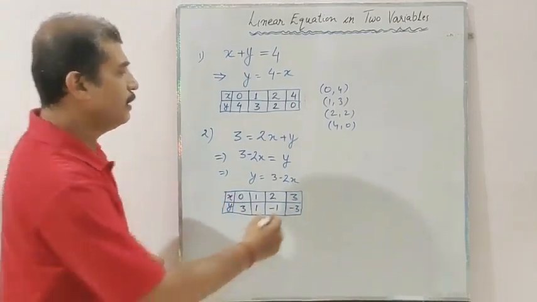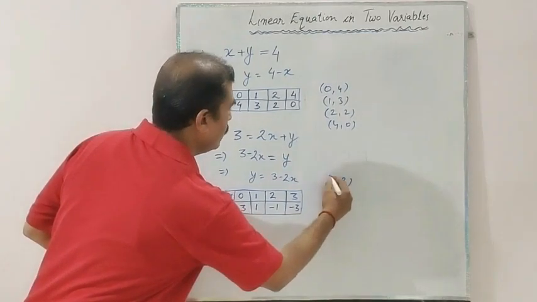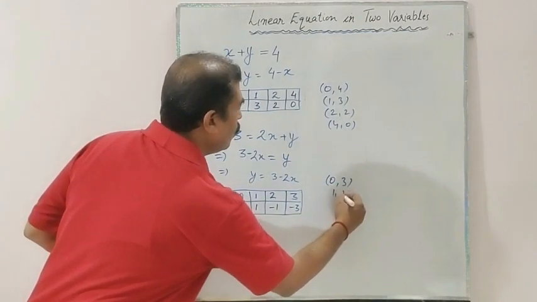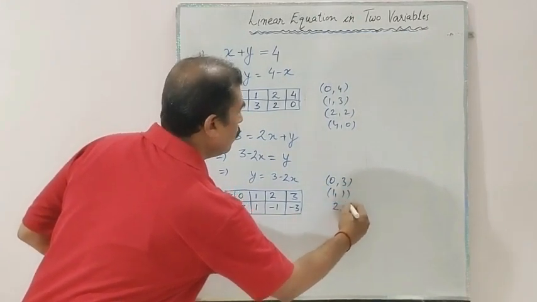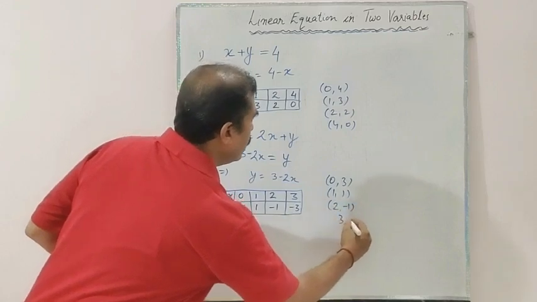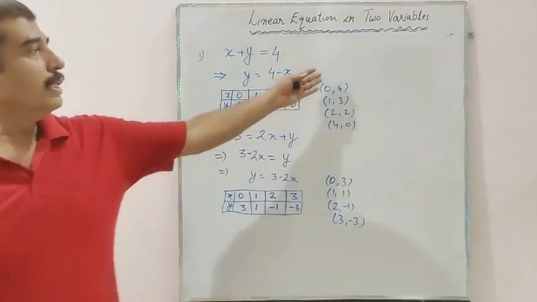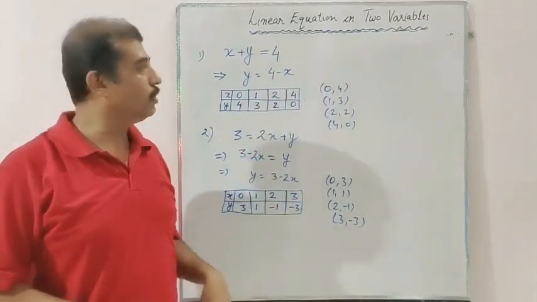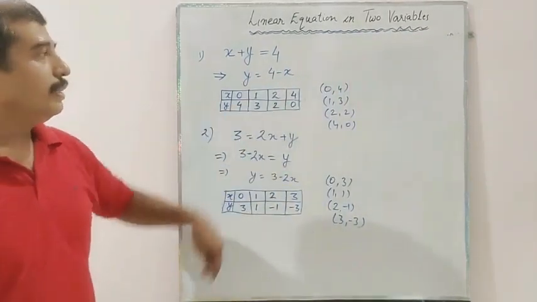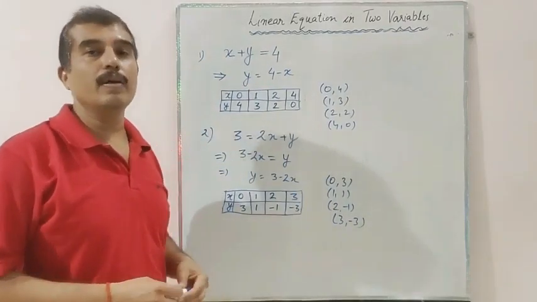Similarly, in this equation we have (0, 3) as one solution, (1, 1) as one solution, (2, minus 1) as one solution, (3, minus 3) as another solution. These solutions represent coordinate points on the graph, and these tables form the basis of making a graph.